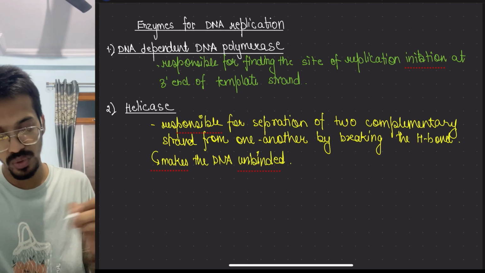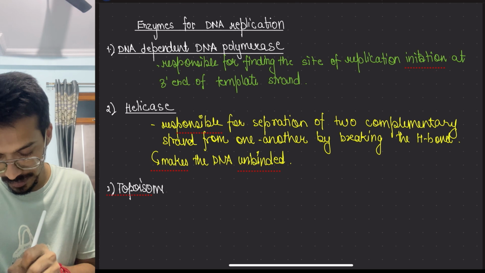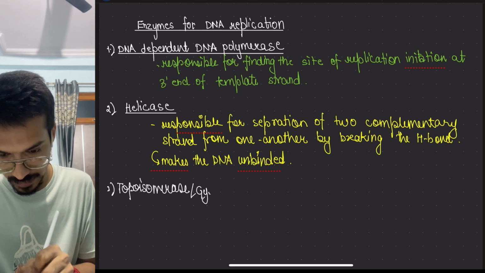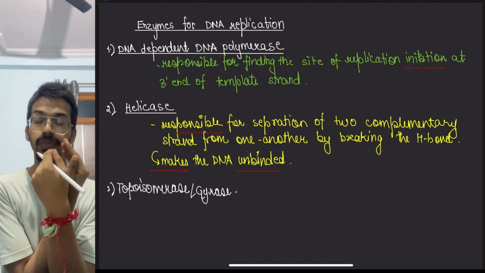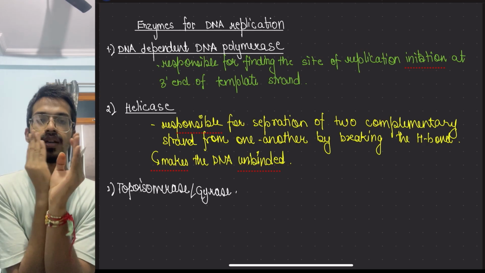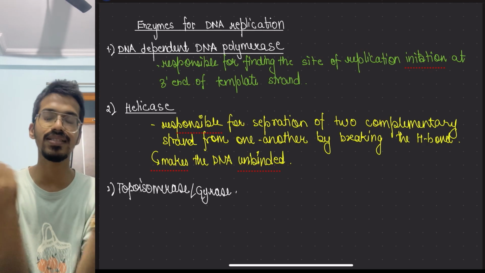Coming up to the next one, topoisomerase, or it is called gyrase. When we are breaking the hydrogen bonds, the DNA is opening up. But when it is opening up, what happens at this location is that it creates tension.